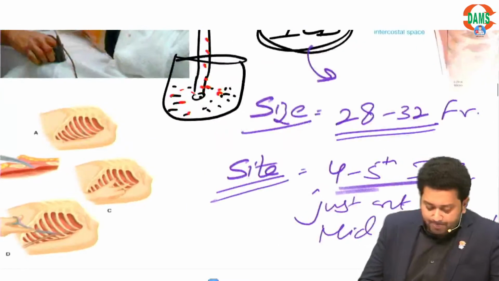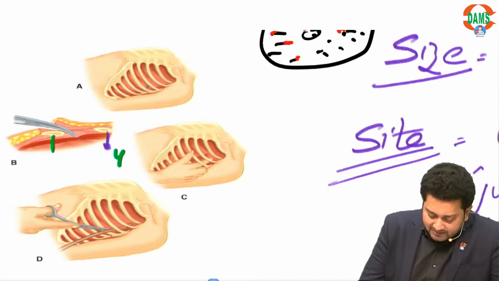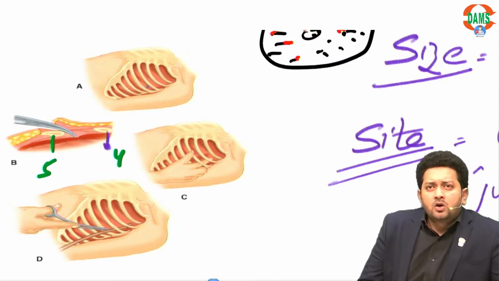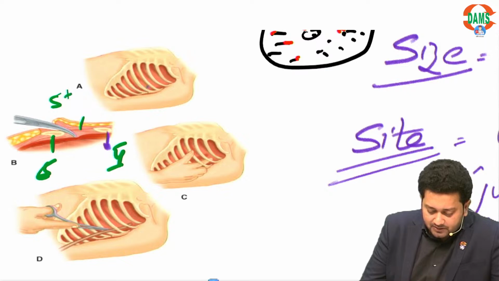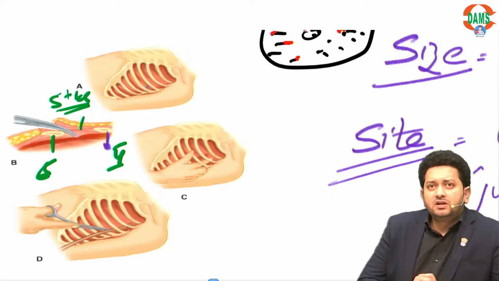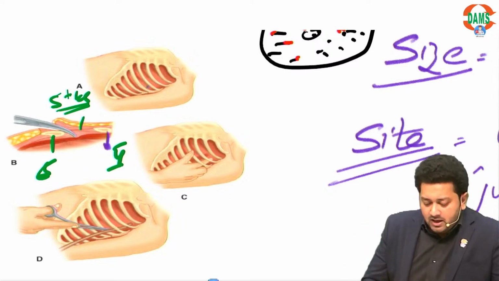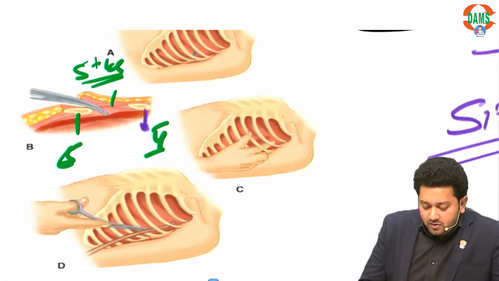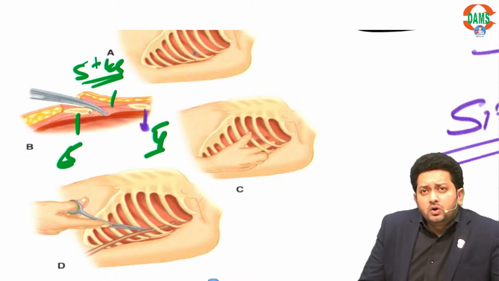You can see, suppose this is the 4th rib and this is the 5th rib. Or let's take it as 5 and 6, so this is the 5th intercostal space. Now in this 5th intercostal space, when you are putting the ICD and doing the dissection, make sure you are doing dissection just above the lower rib.